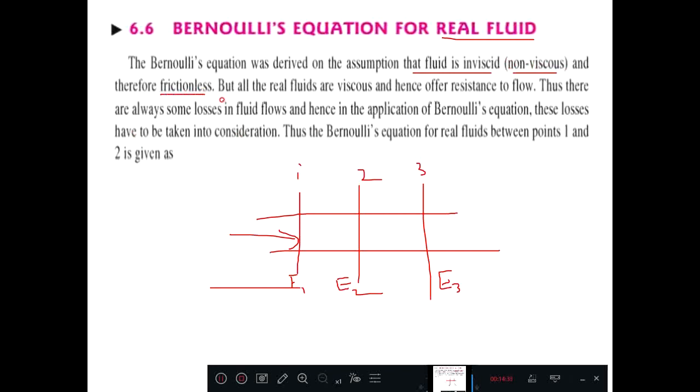But all real fluids are viscous and hence offer resistance to flow. Thus, there are always some losses in fluid flows, and hence in the application of Bernoulli's equation, these losses have to be taken into consideration. Thus, Bernoulli's equation for real fluids between points 1 and 2 is given as follows.